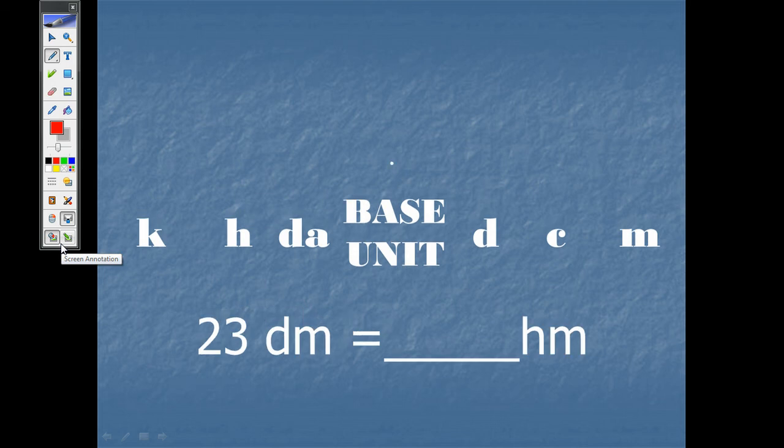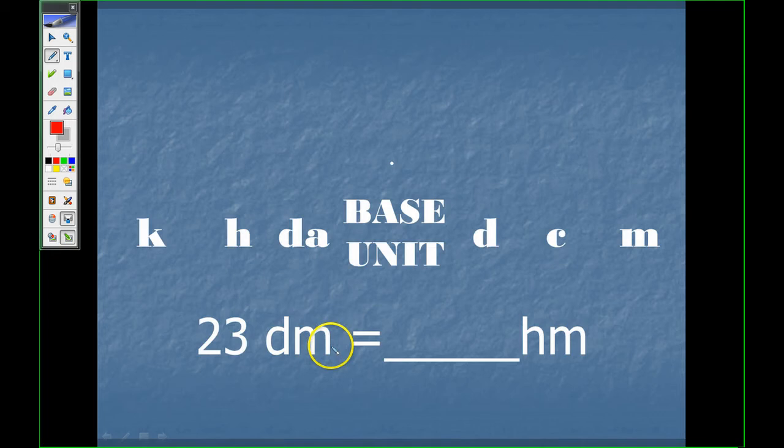Next problem, let's work through. We are going to turn 23 decimeters into hectometers. So get rid of M, so we know we have the same kind of unit. We are going from deci to hecto. We're going here. So we move 1, 2, 3.